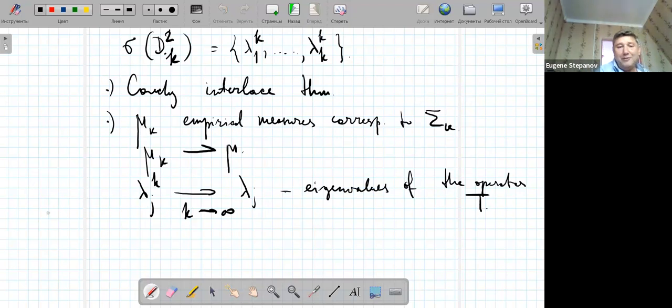But now I'm again asking the same question I was asking before. Can one say something about the space knowing these spectra? What do they determine?